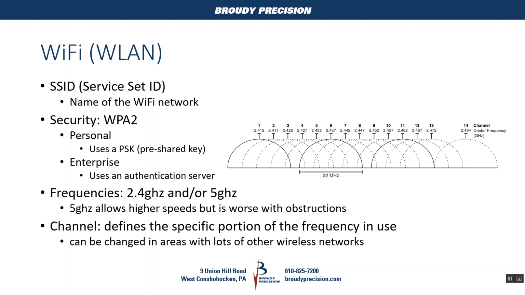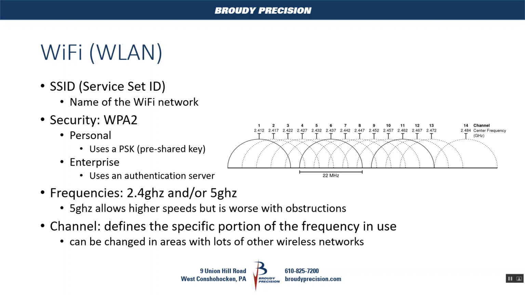The channel is the smaller segment of those frequency bands. If we look at the diagram here, we have 14 different channels, and they are all 22 megahertz in width, and basically we can choose exactly what portion of that 2.4 gigahertz, in this case, we want to use for our network.